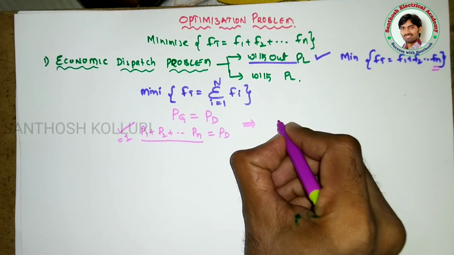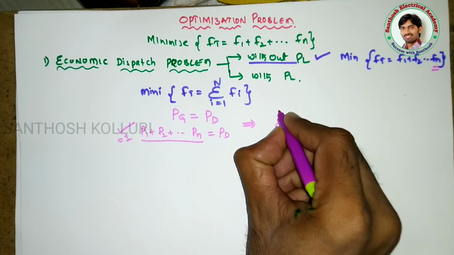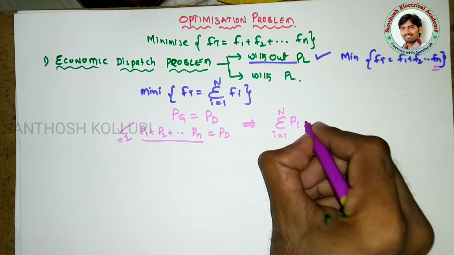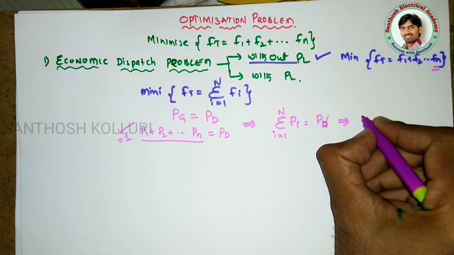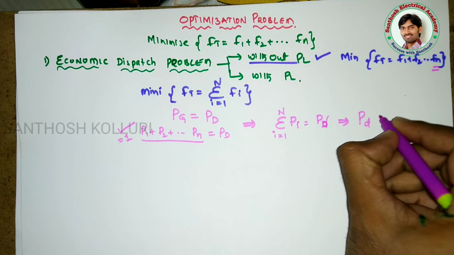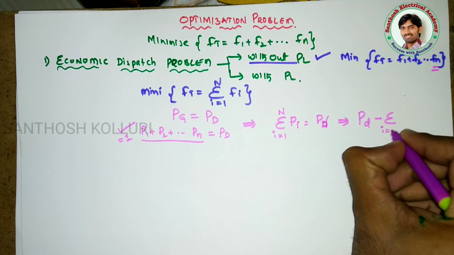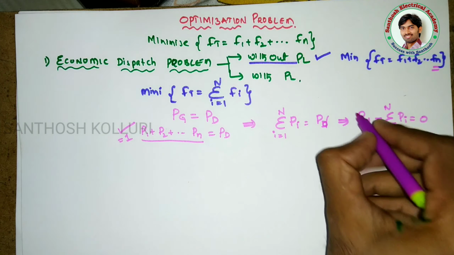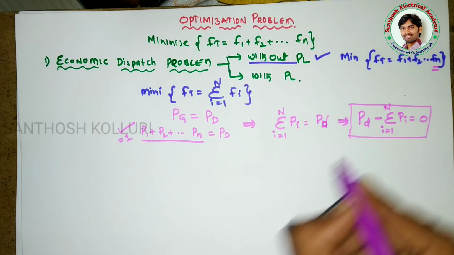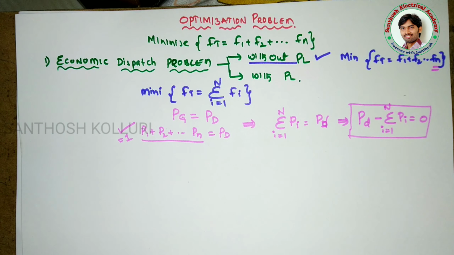Then I can take sigma i equals 1 to n of Pi equal to Pd, in small letters. Now Pd minus sigma i equals 1 to n of Pi is equal to 0. So this is my constraint here.